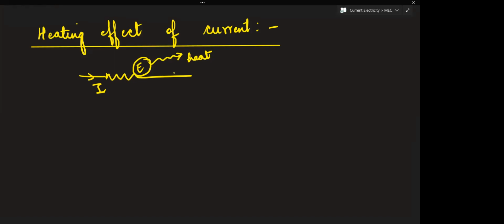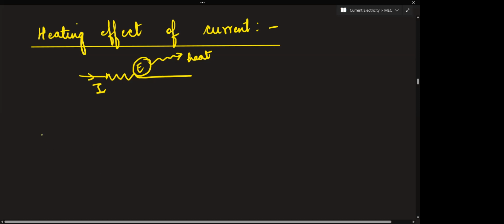Even after using your laptops, your mobile phones, you are able to observe the heating effect. The best example is your wire. Wire often becomes hot. So let me write this down.